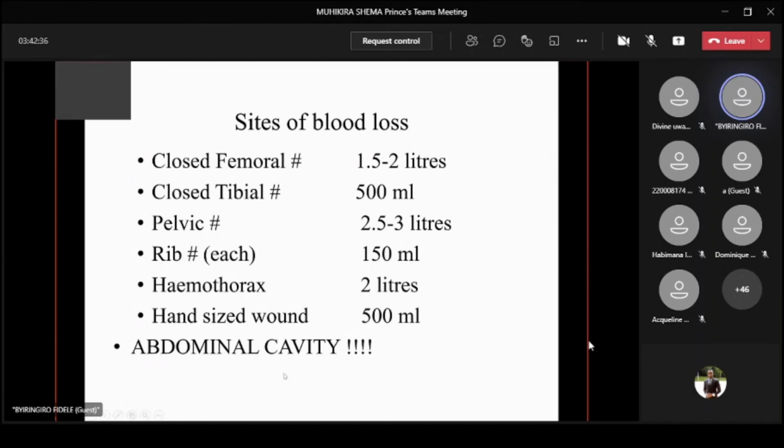Imagine the abdominal cavity. Someone told me he weighs 72 kgs. How many liters of blood do you have? We said around 5 liters. Correct? Don't you think you can put 5 liters in your abdomen?